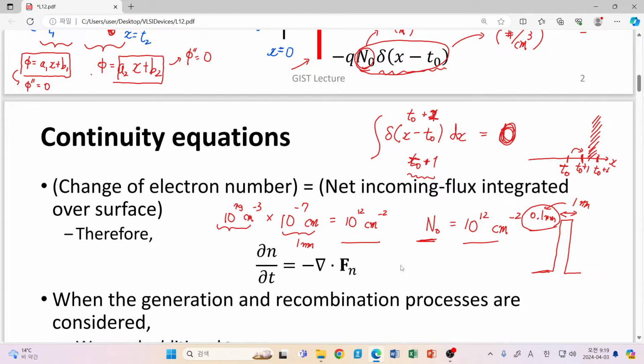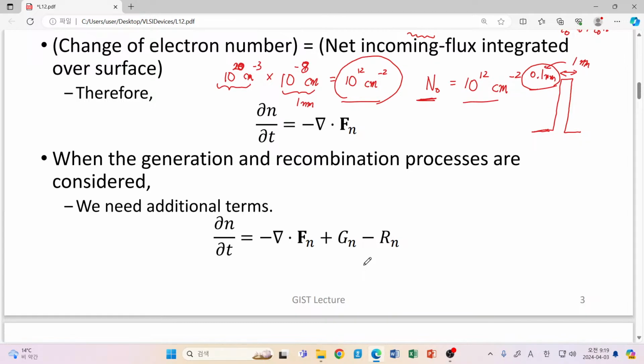We have to introduce a volume density of 10 to the 20, and with 10 to the minus 8, still we have 10 to the 12. I mean that we wanted to keep the integration result.